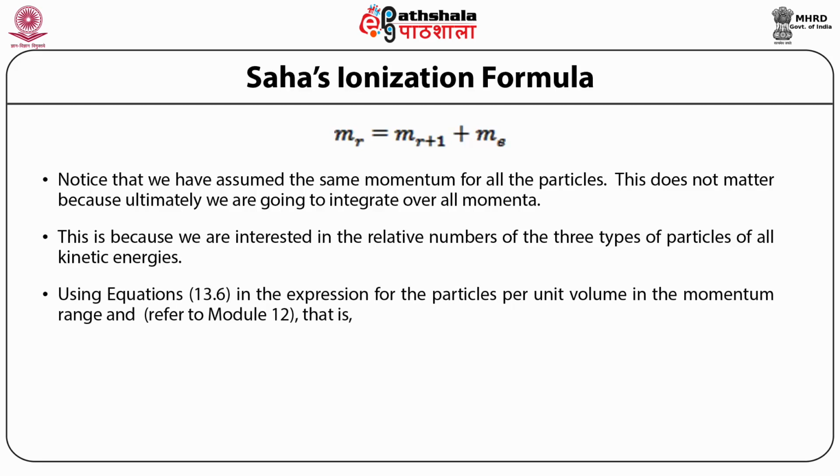Now, using the above equation in the expression for the particles per unit volume in the momentum range that we have discussed in the previous module, that is dn p equals g into 4 pi p square dp divided by h cube into e raised to the power eta into e raised to the power minus p square divided by 2 m kT.